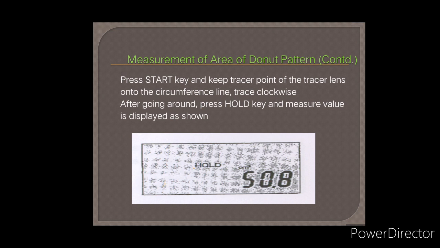This is the first outer periphery area. Now I want to measure the area of the donut only. For that, the inner periphery area should be deducted. For that, after keeping the tracing magnifier at the starting point of the internal periphery, you release the hold key.